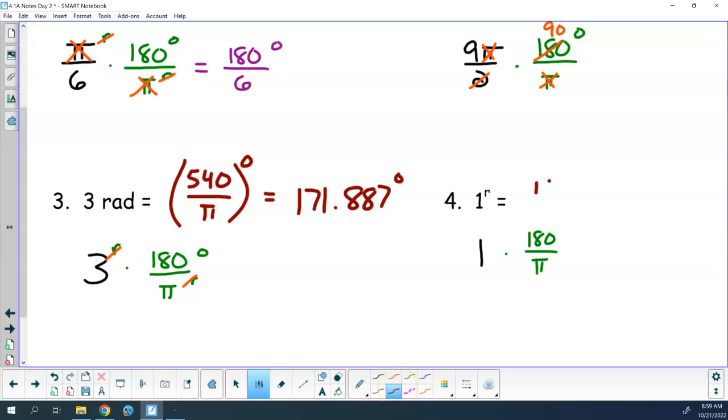So that's going to be 180 divided by pi degrees, which is also what we learned on Wednesday, 57.296 degrees.